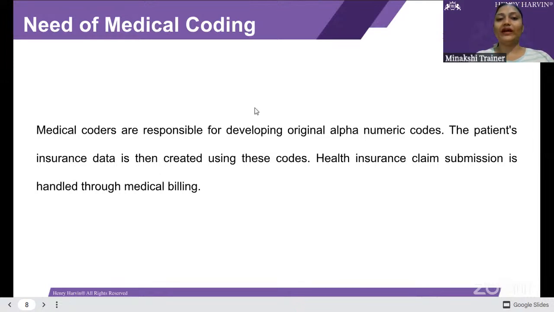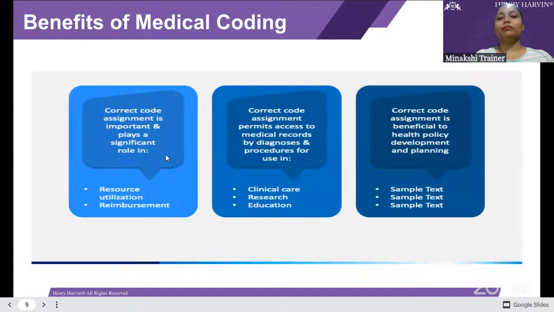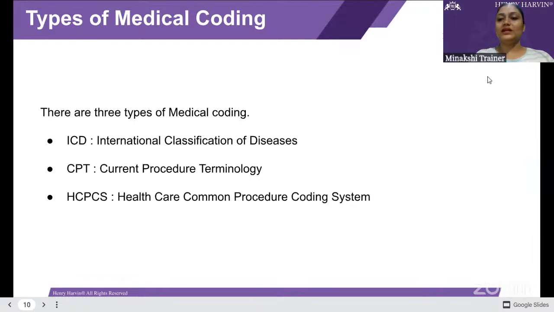Till now I have discussed the USA healthcare process, what is medical coding, and the need for coding. Next I'm moving to the benefits of coding. As a coder, mostly you will be working on the reimbursement process. Apart from that, it is beneficial in resource utilization, clinical care, research, education, sample testing, etc. Next, a very important thing: how many types of coding you will be learning as a basic one.